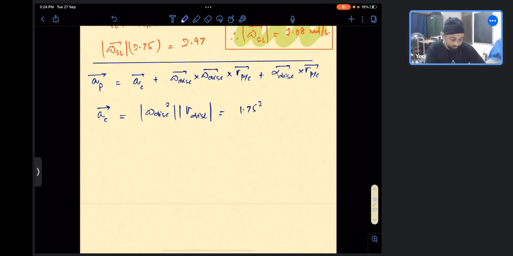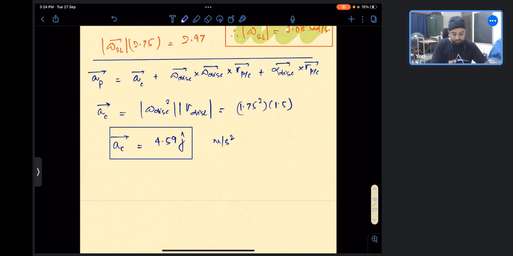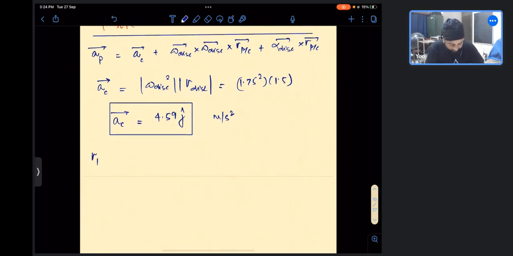So acceleration of C is 4.59 meters per second squared j cap. And then R P with respect to C, the magnitude we know to be 2.24 meters.